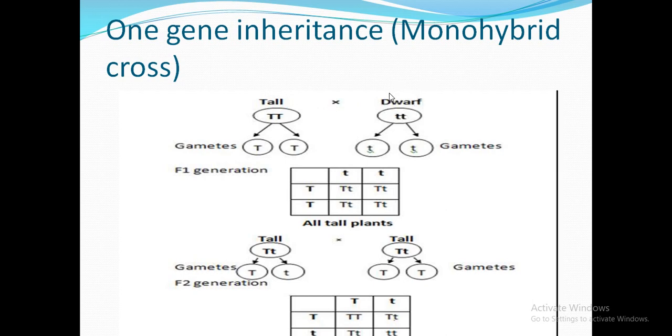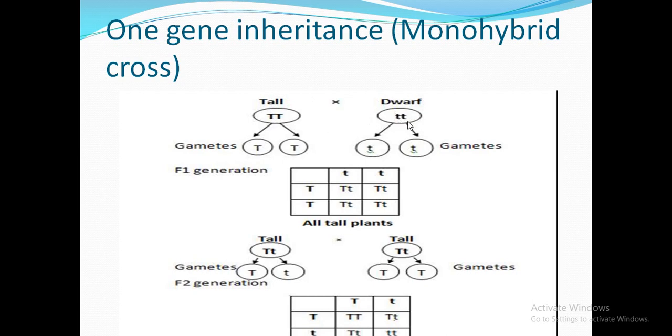The two plants differed only in one pair of contrasting characters, that is tall and dwarf. So we have considered only height here. Only one character. The rest of the characters are the same in these plants, but the only difference is this plant is tall, this plant is dwarf. That is why it is called a monohybrid cross, because we have selected plants which differ only in one character.